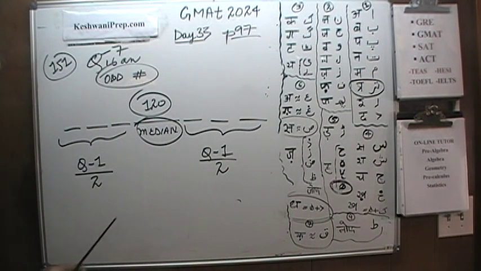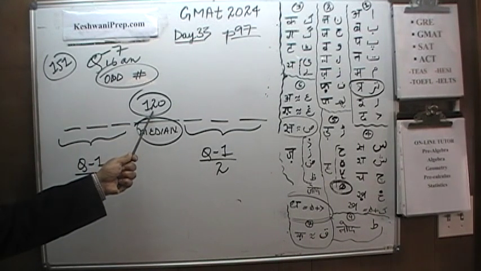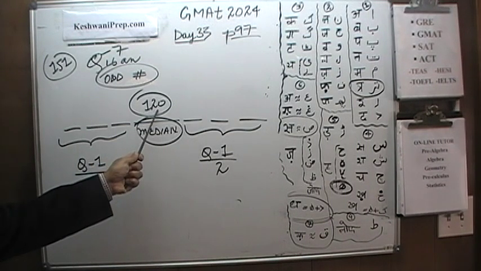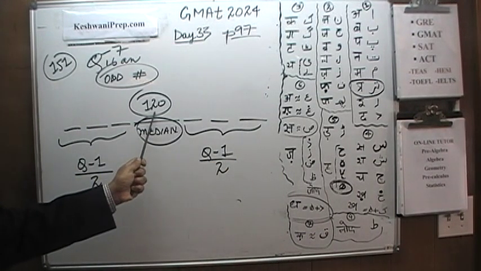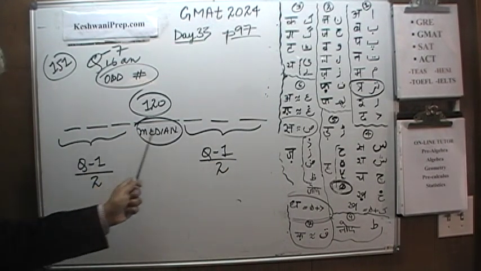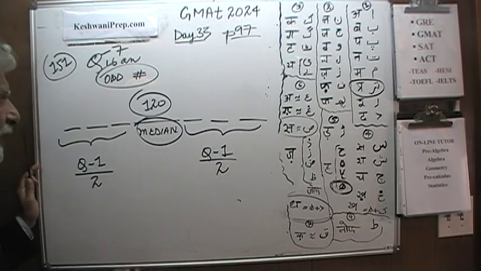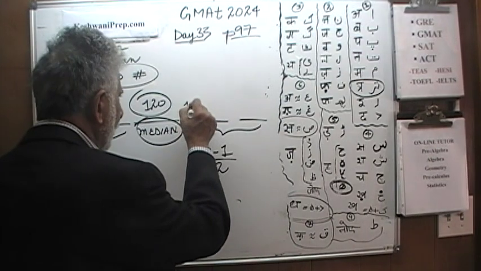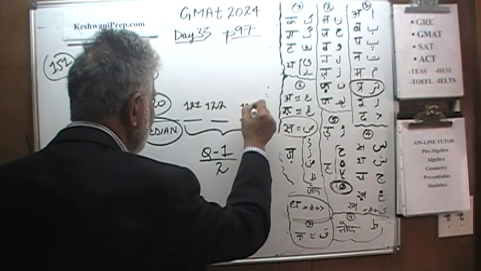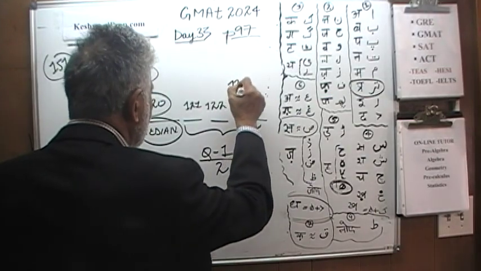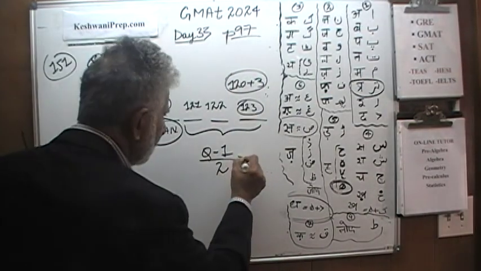There we go. 3 of them are sitting there, which means if 120 is the median, if he has 7 consecutive numbers, and 120 happens to be the middle one, then the largest one is going to be 121, 122, and 123, which is simply 120 plus 3 obviously, and that is 3.